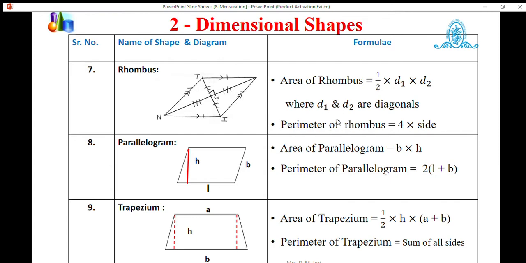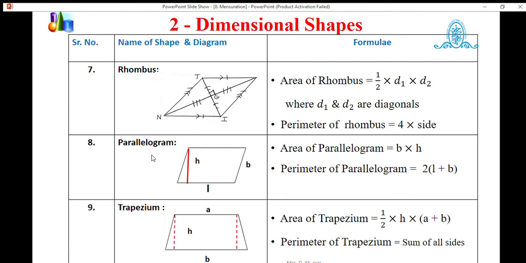Perimeter of a rhombus is again 4 times the side. In a rhombus, all the 4 sides are the same. It is not a square, the angles are not 90 degrees. So only the 4 sides are the same and the lengths of diagonals d1 and d2 are known. Then by using half d1 d2 we can find its area.